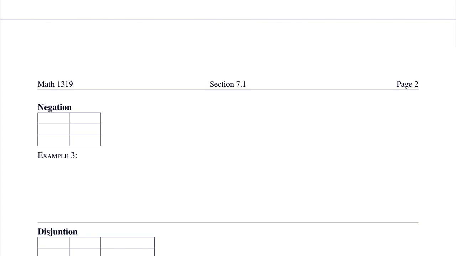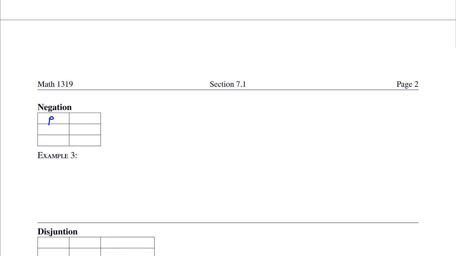Okay. So we're going to start with P. Now, what are the 2 possible starting statuses P could have? P is a proposition, so P is either true or it is false.